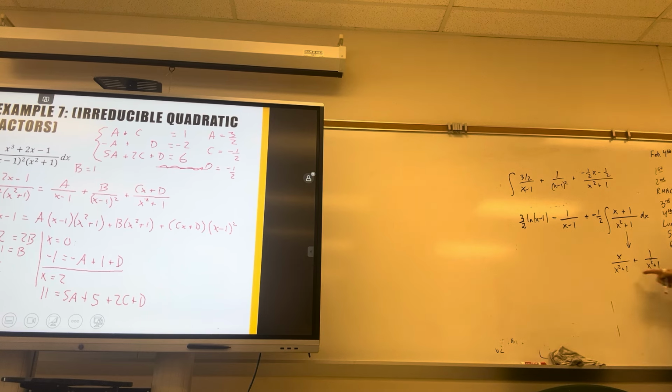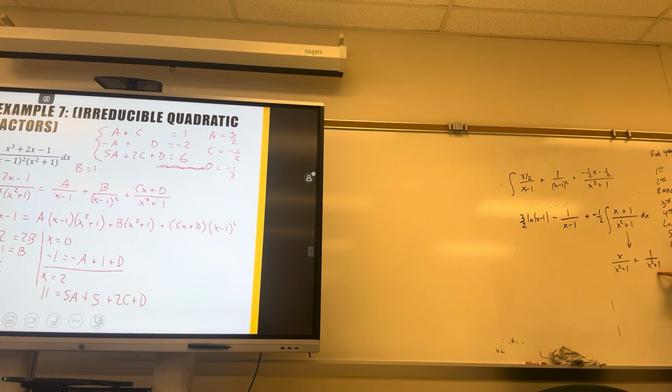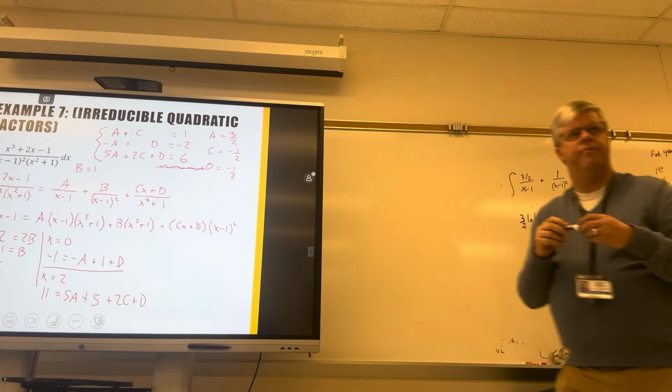And we've done both of these today, right? This one was u substitution, and it comes out to like 1/2 ln at the bottom. And what is this one? Inverse tangent of x. That's all it is. Don't forget there's a negative 1/2 in front of both of these already, right? So that'll take care of that one.